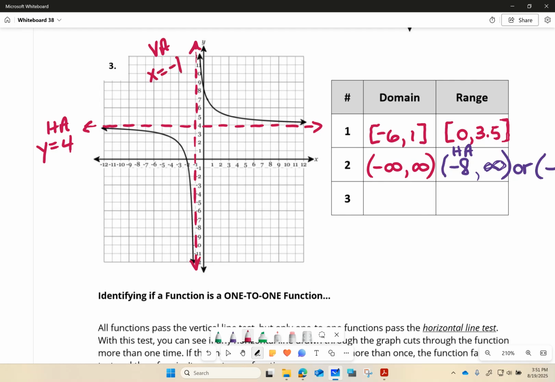Okay, so let's go for domain. So domain has to do with my x-axis. So I'm looking at the x-axis here. I'm going to visualize this person is standing on the x-axis here, and they are walking this direction. And notice they're walking from negative infinity, but when they get to this wall, they have to jump over that wall, right?